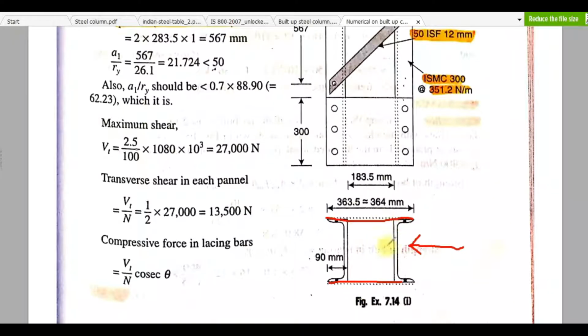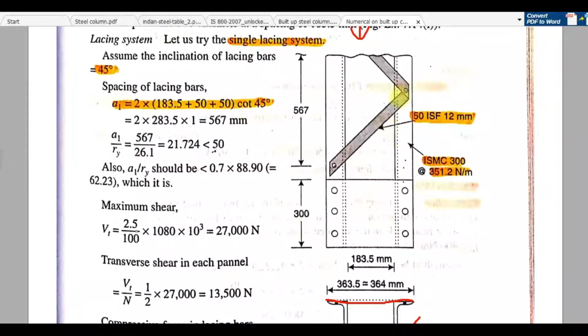Because this plane and this plane are parallel, this transverse shear will be shared equally or divided equally between these two planes. The load which will be shared by this plane or panel will be acting on the lacing system, and this load will create some component along this lacing bar.